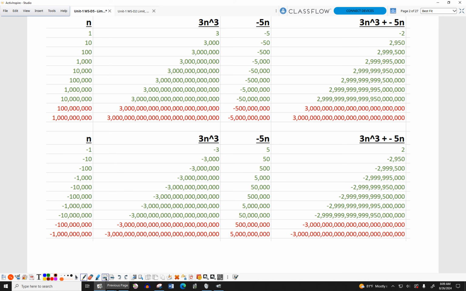The term with the power grows much, much larger, if you look here, than the term without the power. In fact, on this spreadsheet, if you look at this line, when those two are added together, the total is almost completely dependent upon this value.